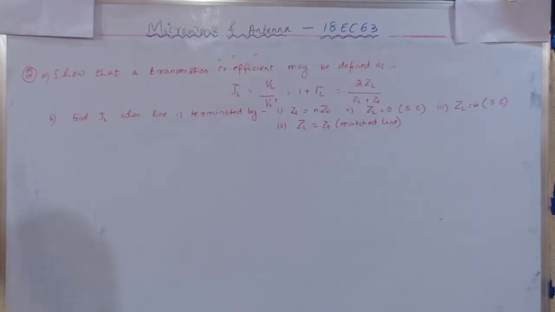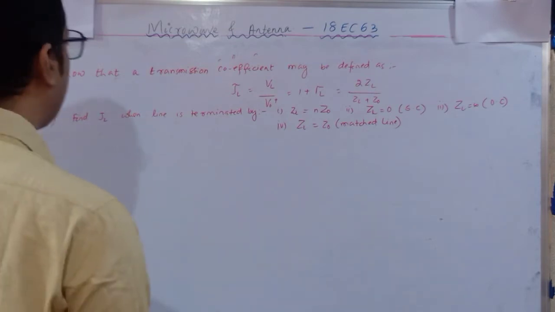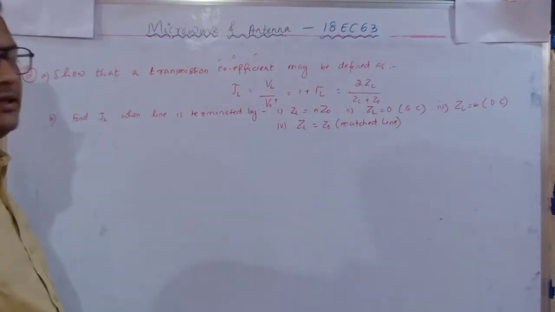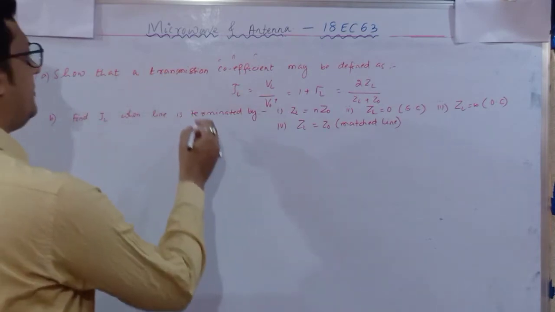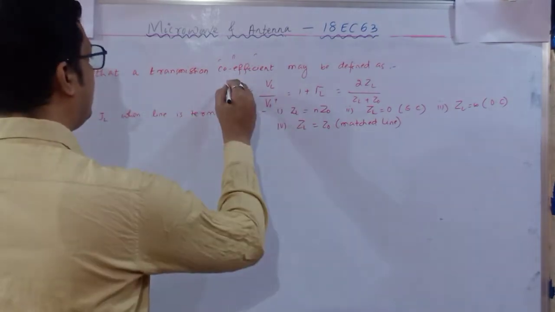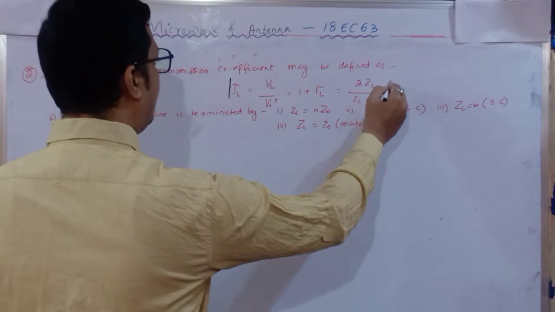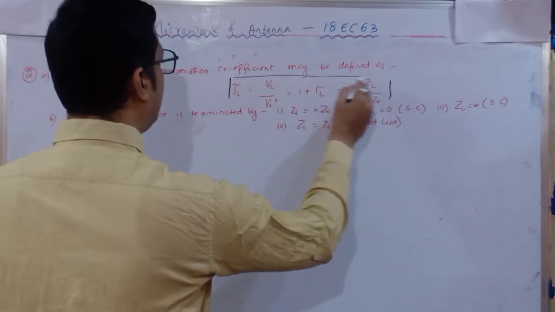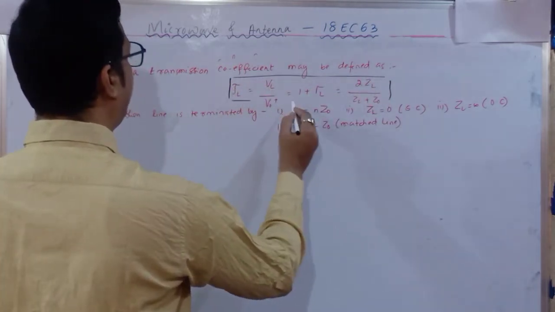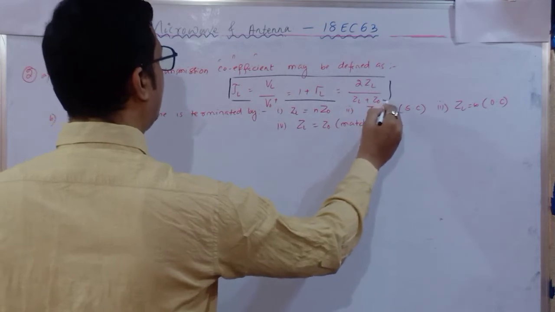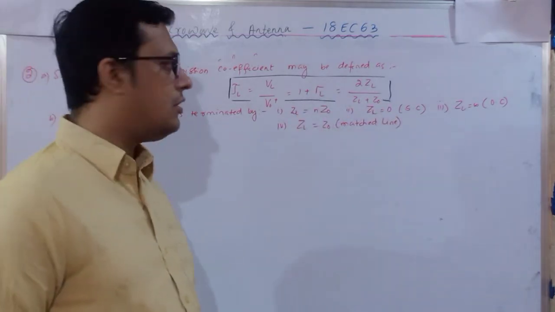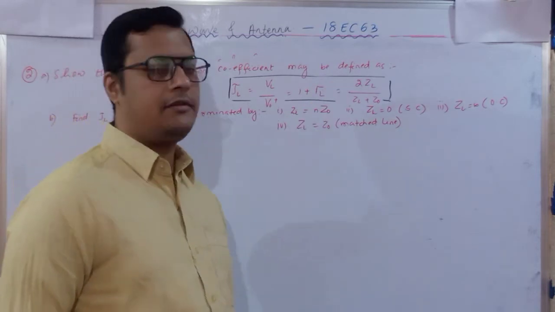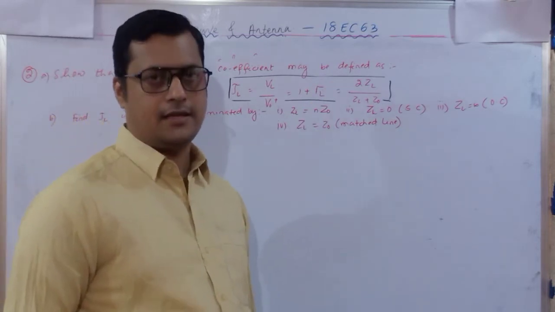Okay. So this is one more question. Here we have to prove the transmission coefficient. Here it is written that our transmission coefficient is defined as tau suffix L equals VL divided by the incident potential, which equals 1 plus the reflection coefficient at the load, which equals 2 ZL divided by ZL plus Z0.